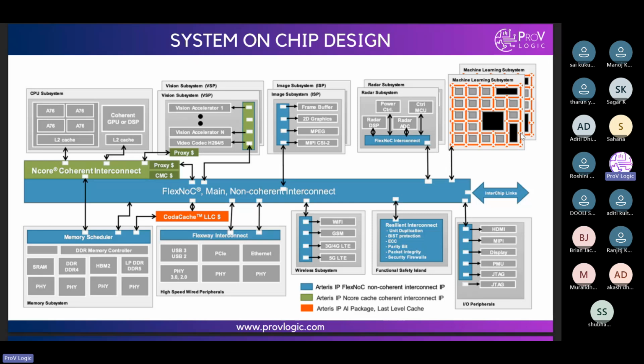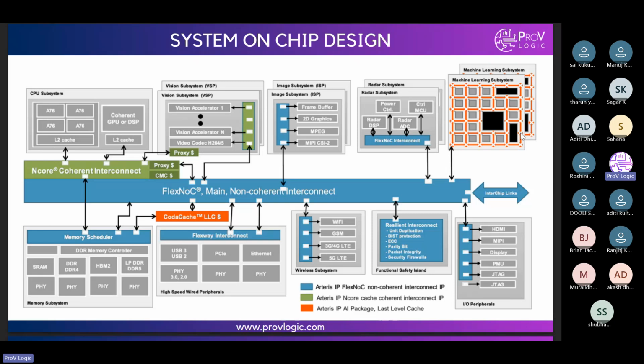In system on chip design, to transfer data from one subsystem to another, we need to follow certain rules in terms of parallel or serial communication, high speed or low speed, bidirectional or single directional, half duplex, simplex or full duplex. There are different types of rules we need to follow.